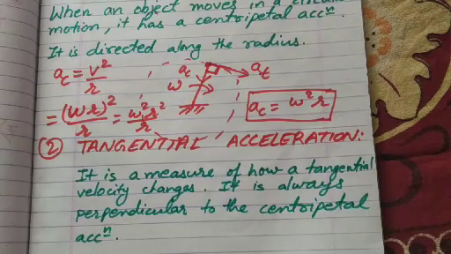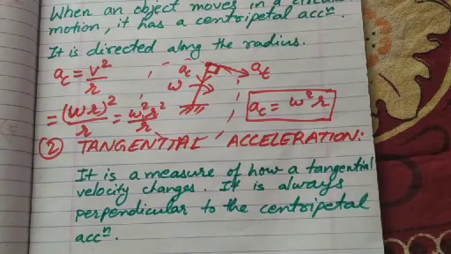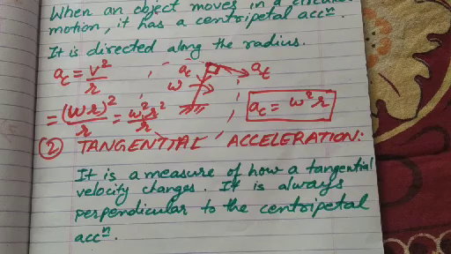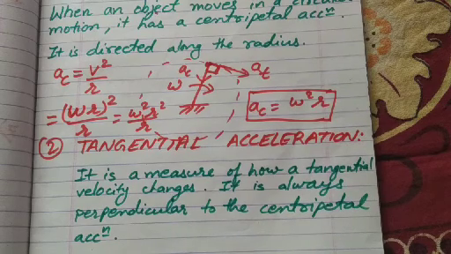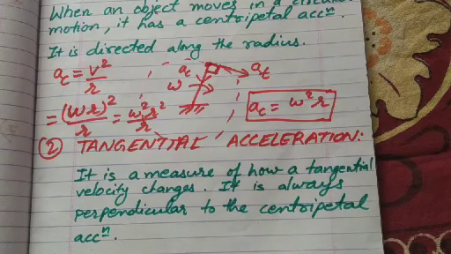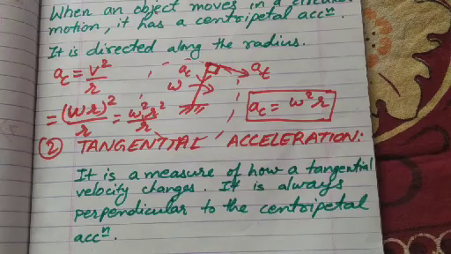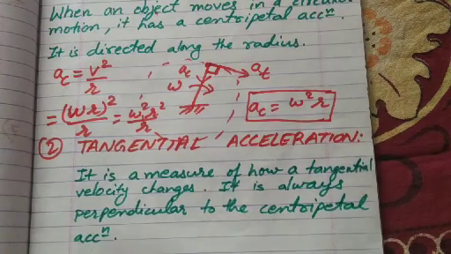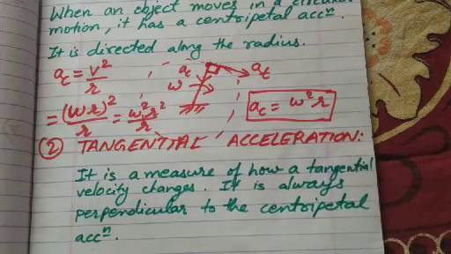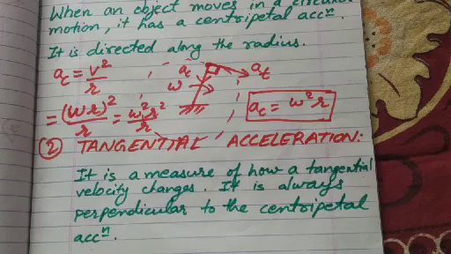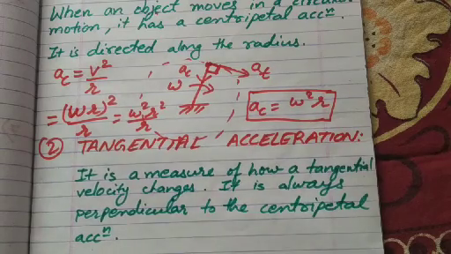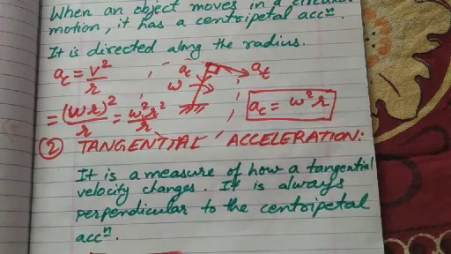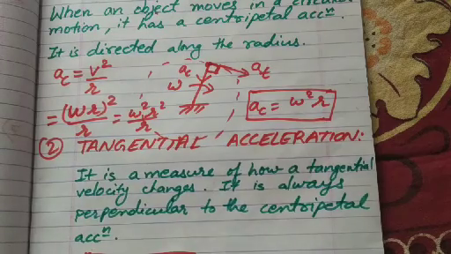It is written as AT, and its formula is given by alpha, which is known as angular acceleration. So AT is given by r alpha. This is the formula of AT.